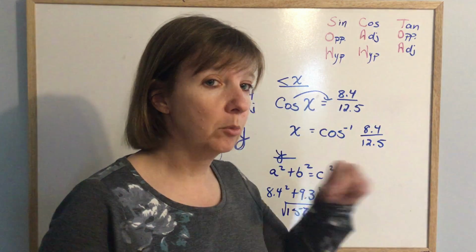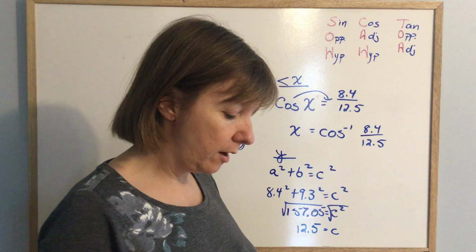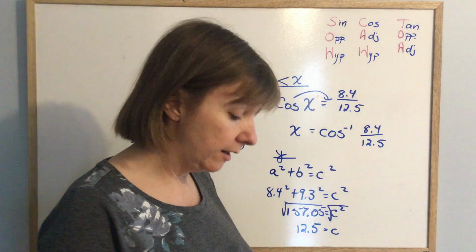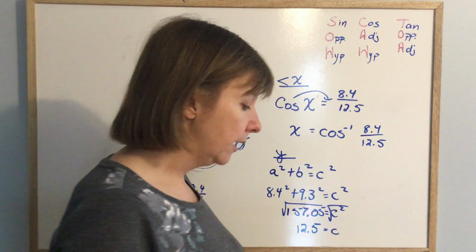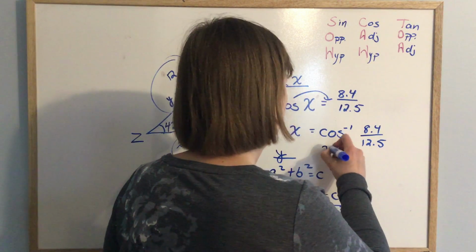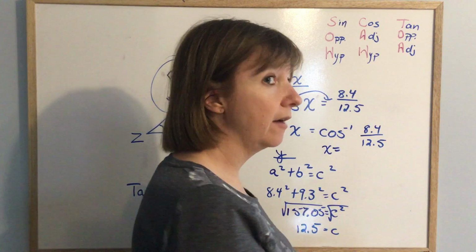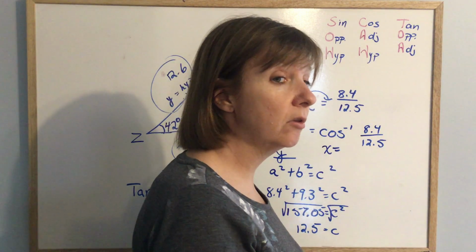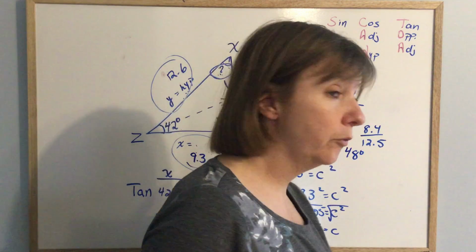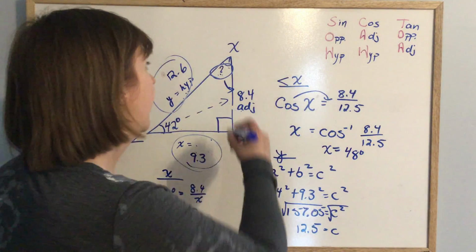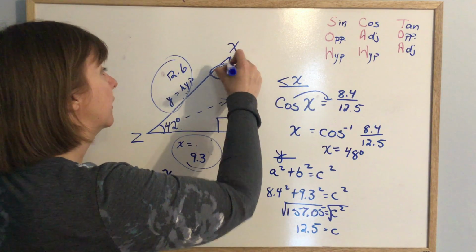Calculators don't like decimals in fractions, so I'm going to do 8.4 divided by 12.5, all in brackets, and hit equals. It says 47.7, but they want me to round angles off to the nearest degree, which is 48 degrees, which is what I had before.